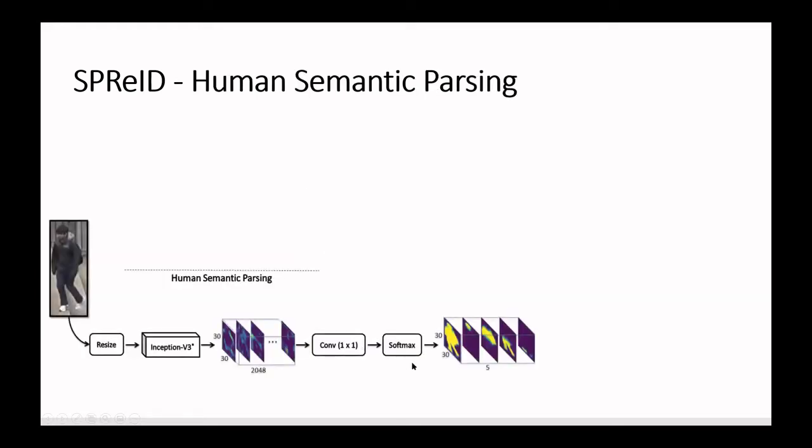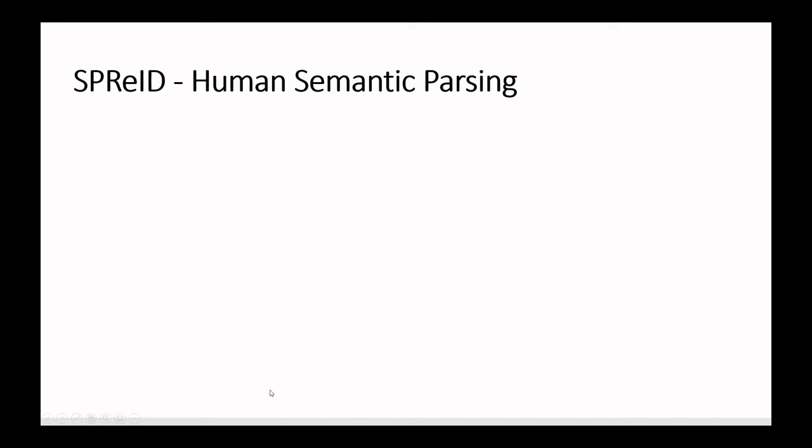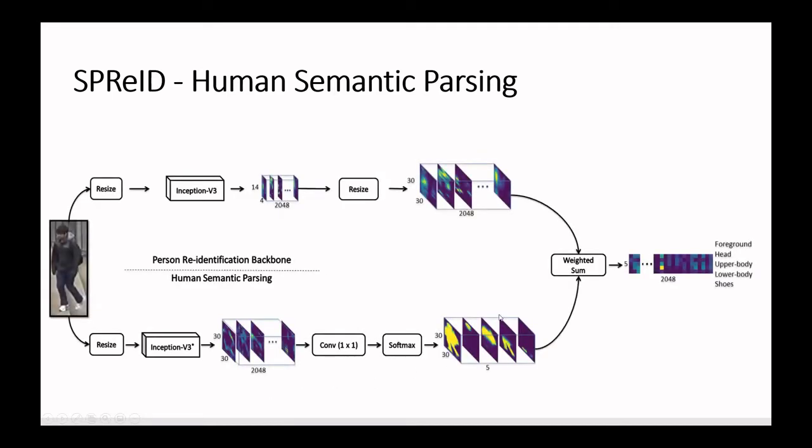Then we have another branch where again we compute inception features, and then we do semantic segmentation, which is shown here. Then we get these features and do the weighted sums. Now we have features for the foreground, head, upper body, lower body, and shoes. We get one feature vector for the foreground, and then we combine the body parts in another feature vector.